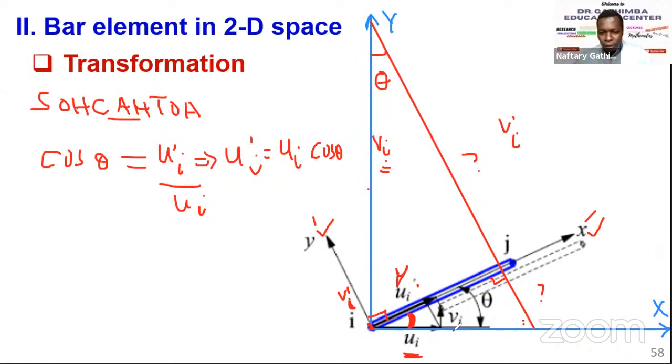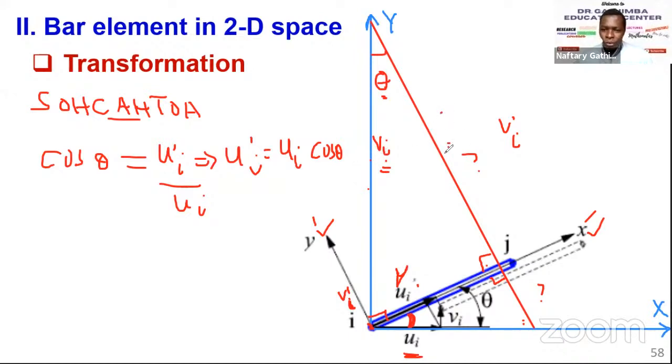So how do I resolve it to the vertical axis? That's why I had to extend this triangle here, so that now I have this angle theta. I know now this is a right angle triangle because this one was 90. So of course this one is 90. This is a straight line. So I know what is the opposite. The opposite here is UI, the hypotenuse is VI.